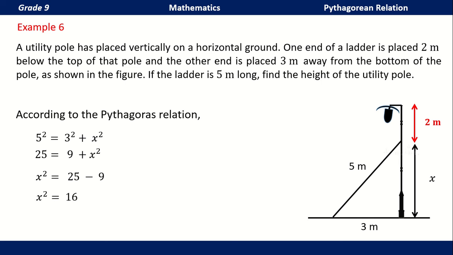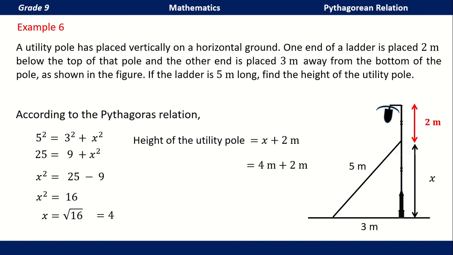By finding the square root of both sides, you will receive that x is equal to square root of 16. It means x is equal to 4. Now you can write your answer as x is equal to 4 centimeters.